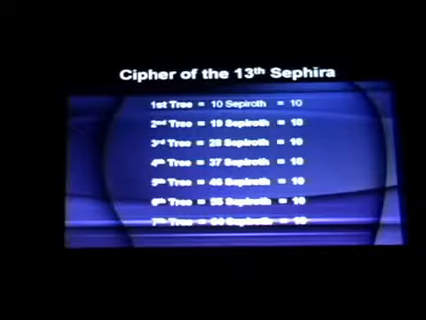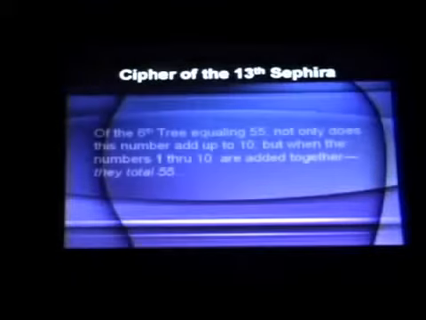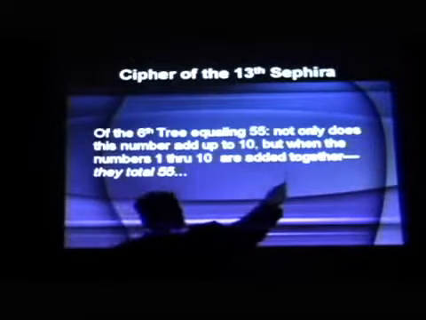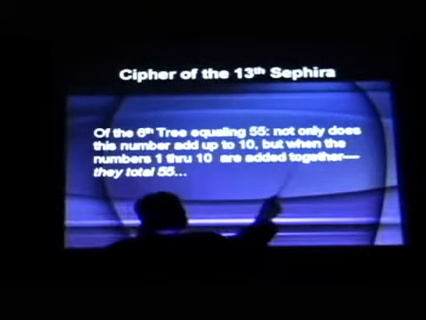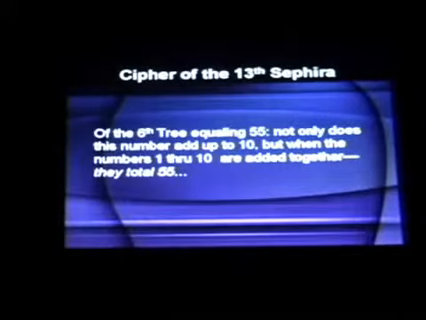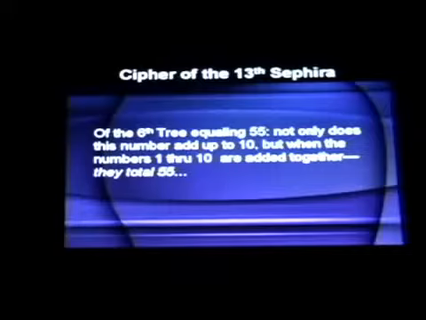Everything exponentially is represented by the harmonic outgrowth of that one root seed. Now listen, in the sixth tree you see an equivalent of 55. Not only does this number add up to 10, but when the numbers 1 through 10 are added together, they total 55. So thus you can't go further than that.